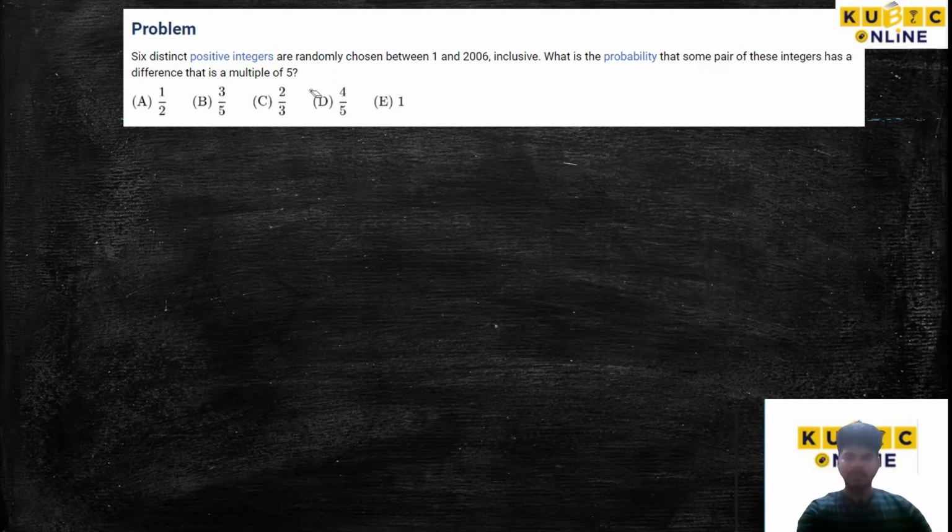6 distinct positive integers are chosen at random between 1 and 2006. Okay, so our set is 1, 2, 3, 4 and it goes till 2006.